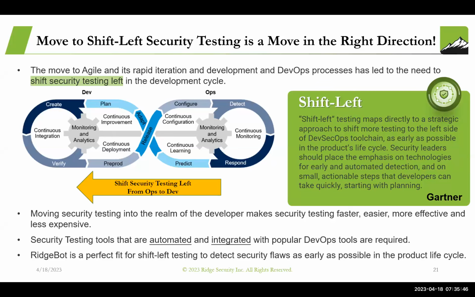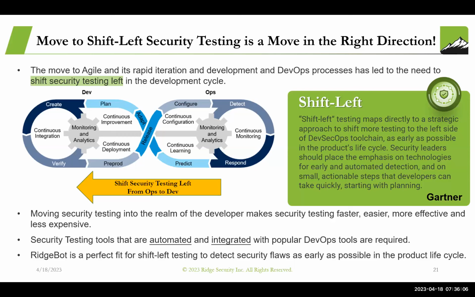It requires security tools that can rise to the occasion and be seamlessly integrated into the DevOps process, into the CI/CD pipeline. Security tools that are automated and don't require human intervention.